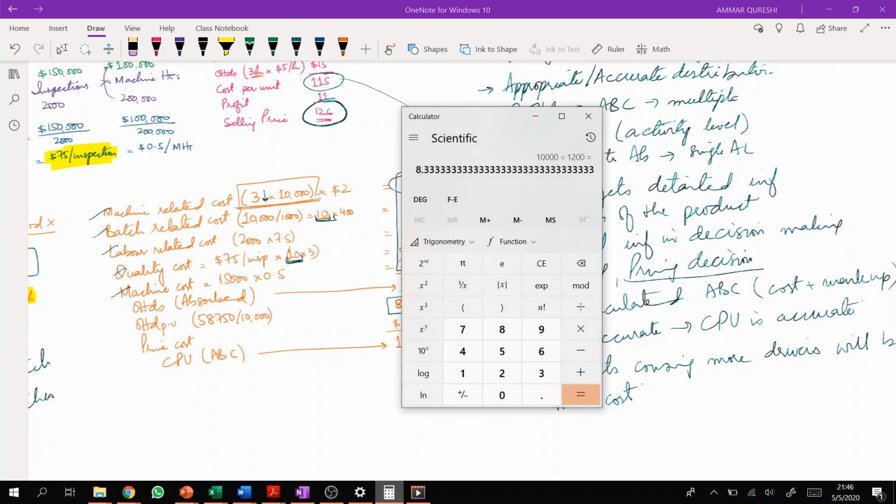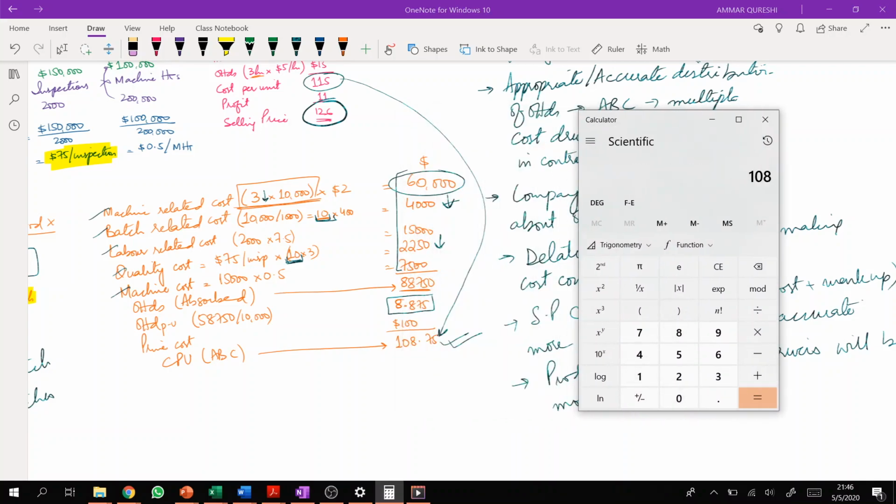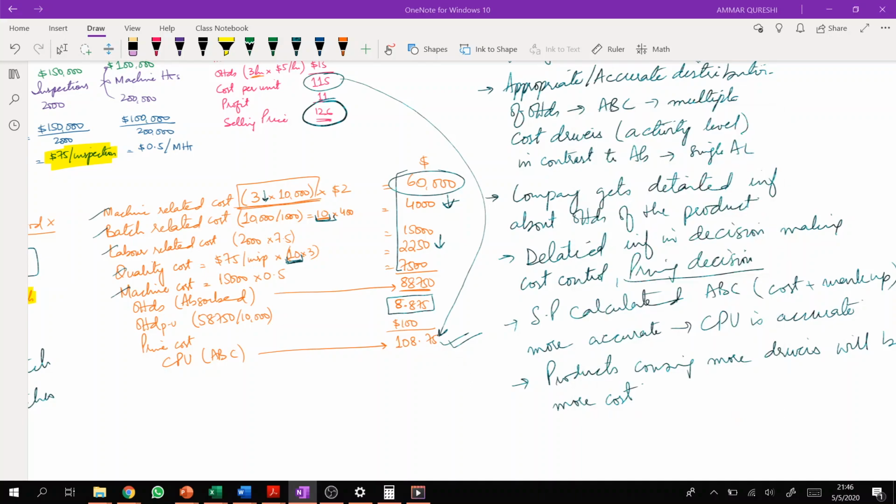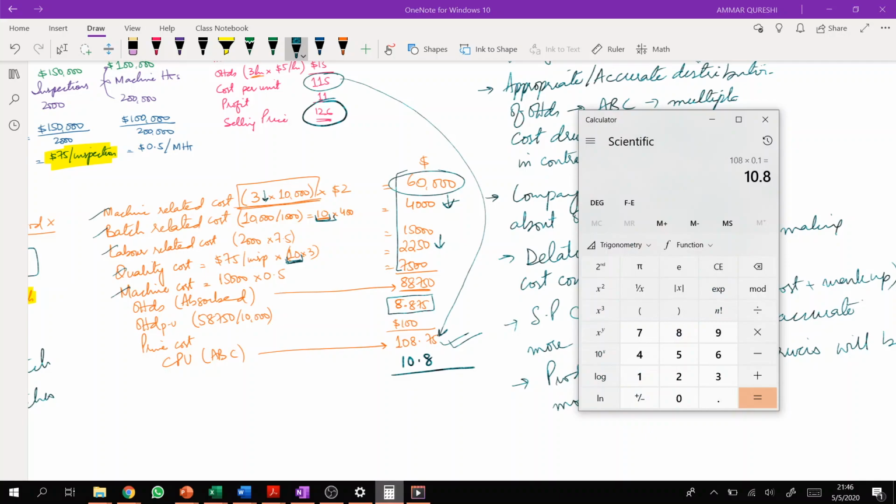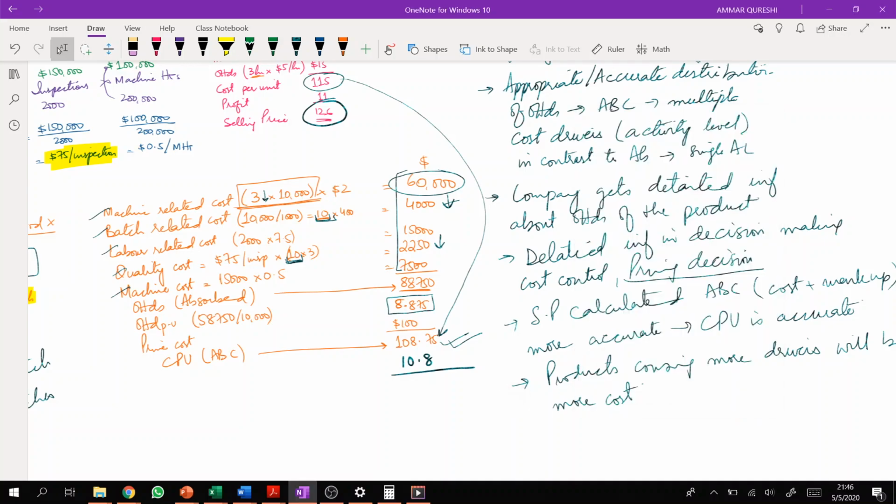So if you charge 108.75 times 10%, that makes 10.88, and 108.75 times 1.1 makes around 119.63. This will be the selling price if the company uses activity based costing.